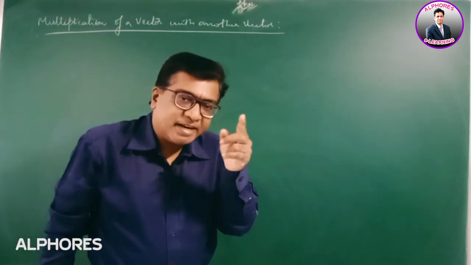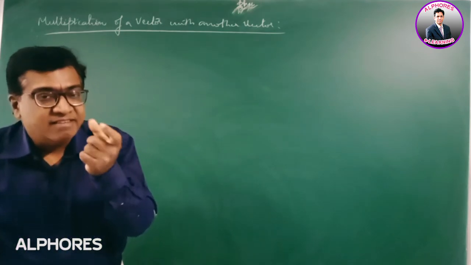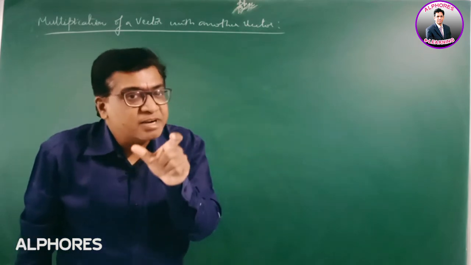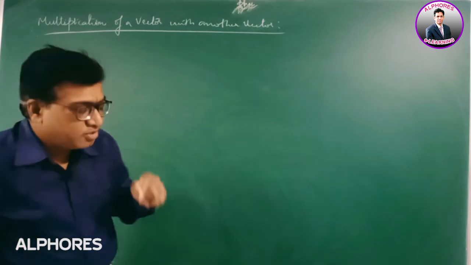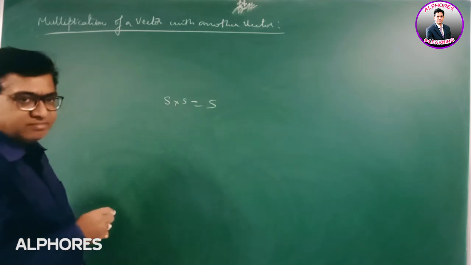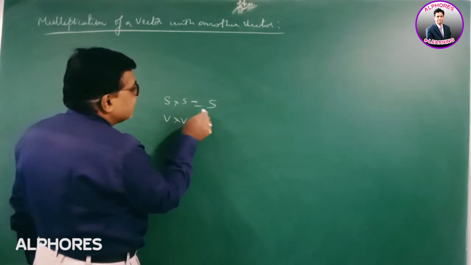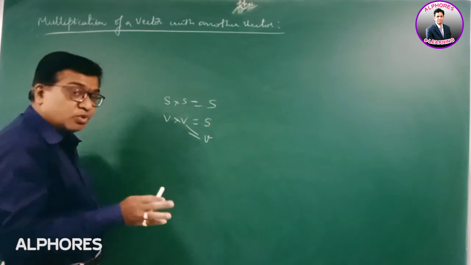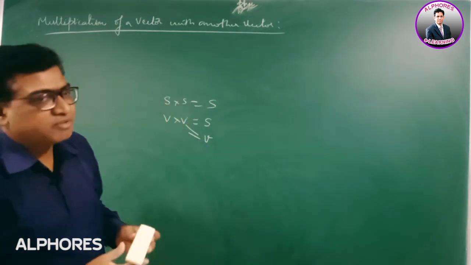A vector can be multiplied to another vector to yield two results. Vector multiplied with a vector can yield a scalar, or a vector multiplied with a vector can yield a vector. But when you multiply a scalar to a scalar, the answer is always a scalar. But when a vector is multiplied to a vector, the result can be either a scalar or even a vector. There are two possibilities of product of vectors.